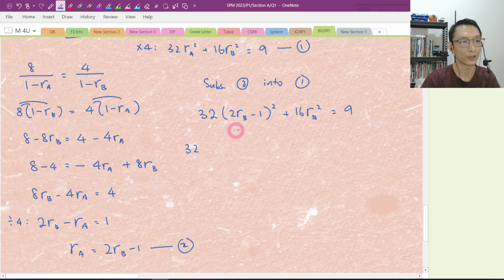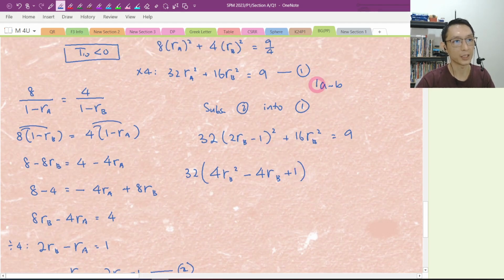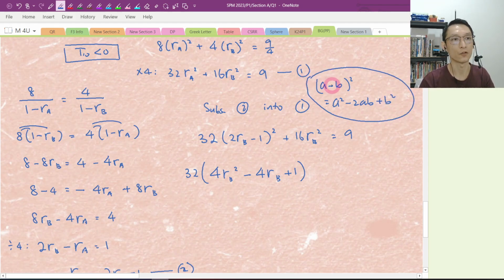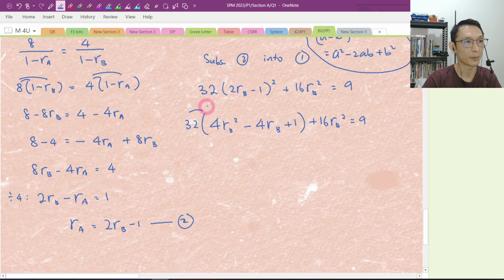Do the expansion for this one: 4RB squared minus 4RB plus 1. I'm using the formula (A minus B) squared equals A squared minus 2AB plus B squared. This you learned in Form 2, right? This one just copy first, and do some expansion over here.